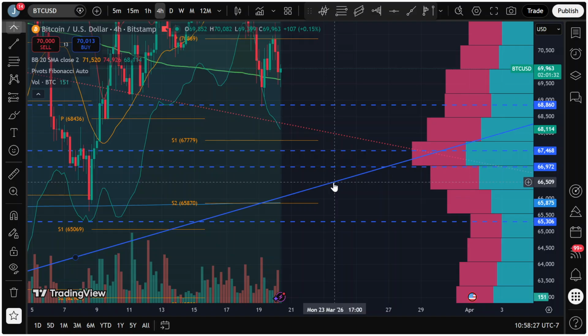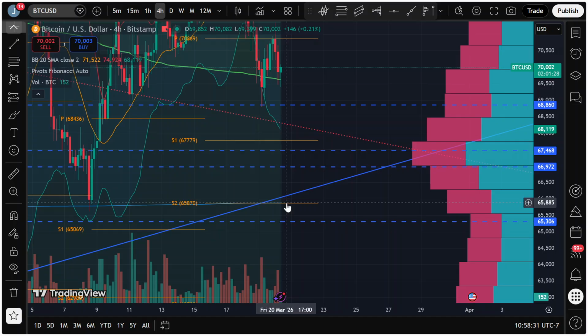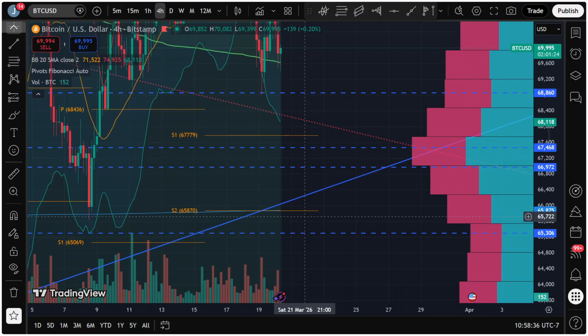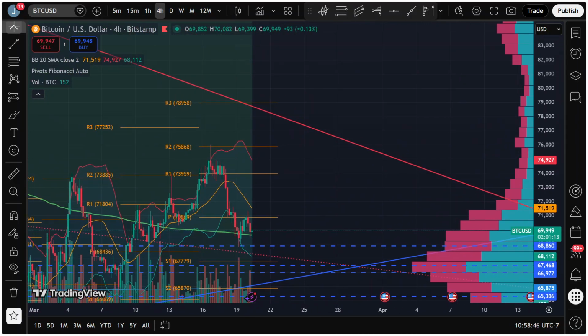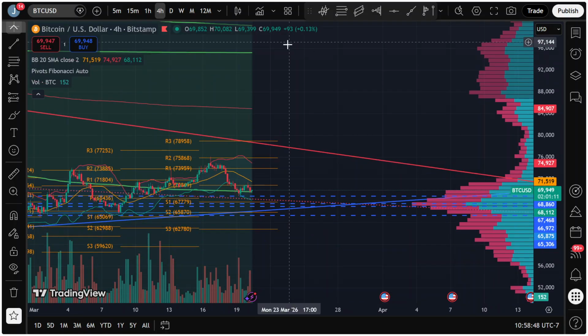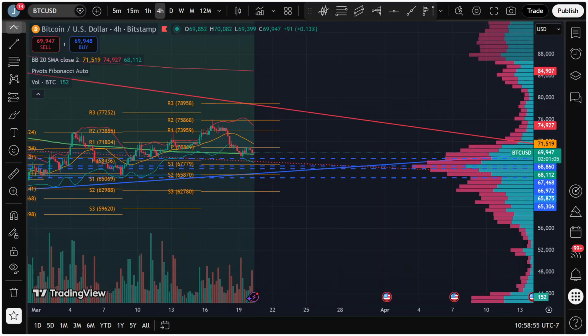But it should be on the mid-range or higher of 66, which puts us comfortably above the 65.8K middle band of the Elder VWAP. And that is good. We want to be above that. We want to be closing as high above that as possible, because that still gives us potential towards the upper band, which we're not going to hit. Again, we're not going to hit that, but it puts pressure towards 95.1K.